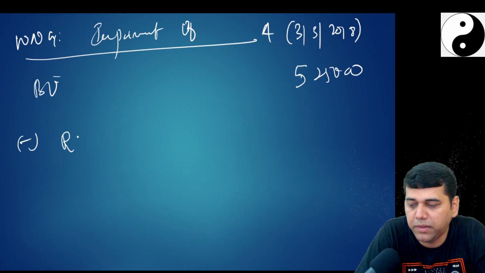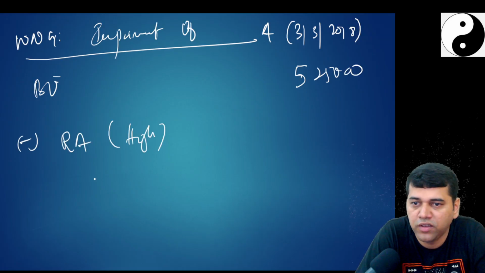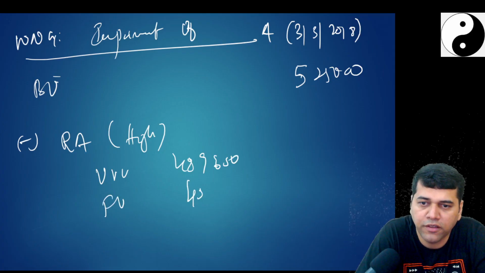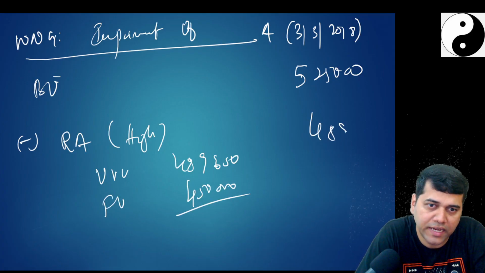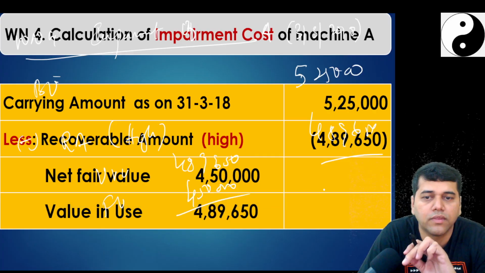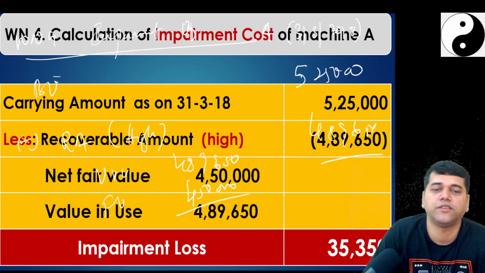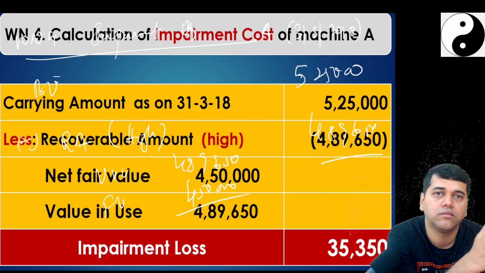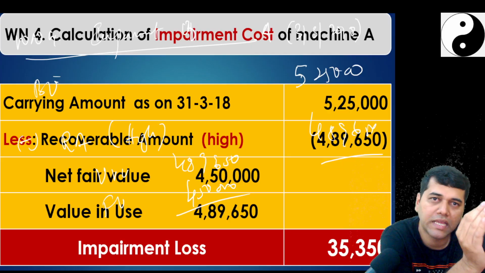What is my recoverable amount, which is higher of value in use 4,89,650, fair value 4,50,000? 4,89,650. So I get 35,350. So I'll keep it aside. I'll keep it with me now.